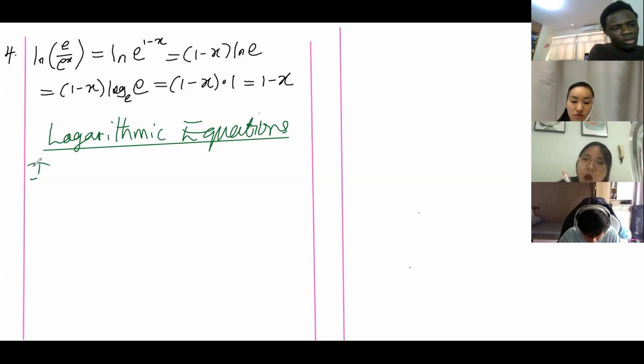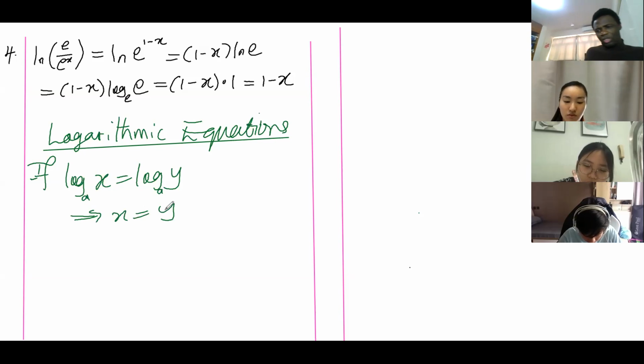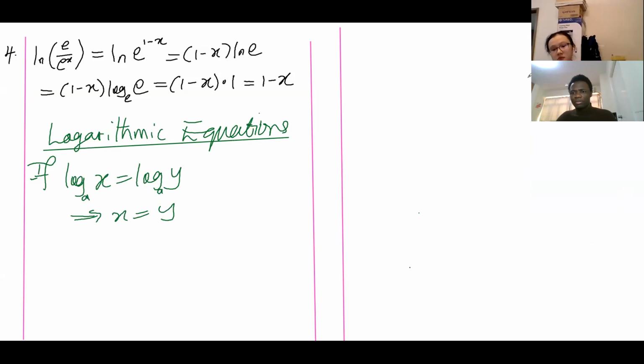If you have logarithm on both sides, if you have maybe log x equals log y, as long as they are in the same base, you can take x is equal to y. It makes sense, isn't it? Logarithm of a number equals logarithm of another number, then those 2 numbers have to be the same. Do you agree with me, everybody? Yes. So it makes sense to make that assumption.